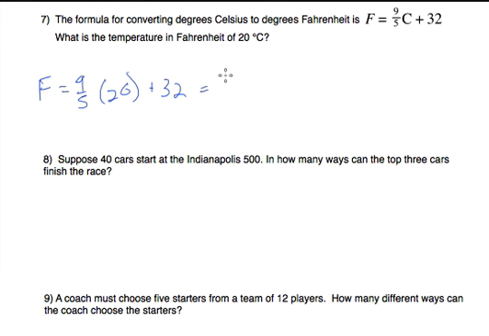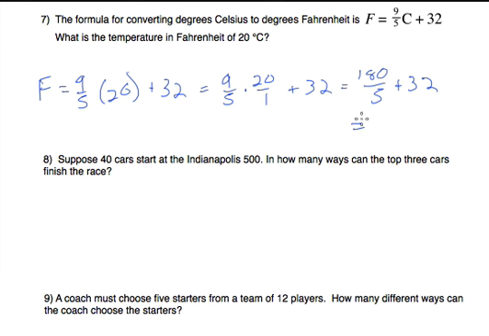Okay, so we can write 9/5 times 20 over 1 plus 32. And then that's pretty simple. 9 times 20 is 180 over 5 plus 32.